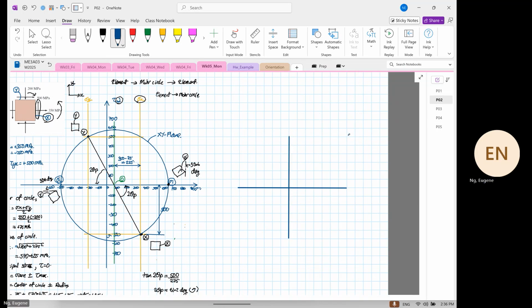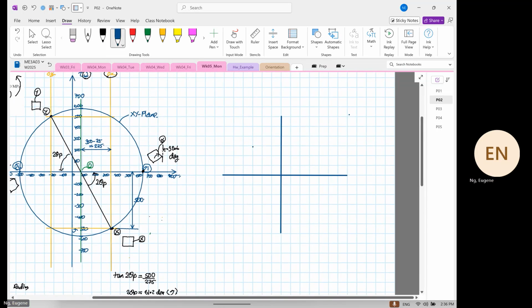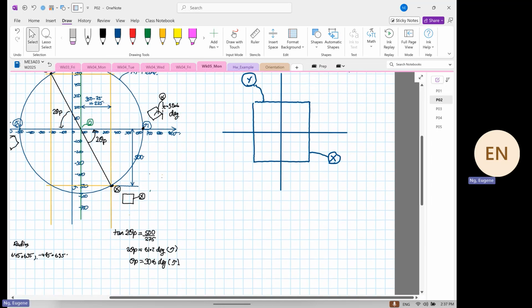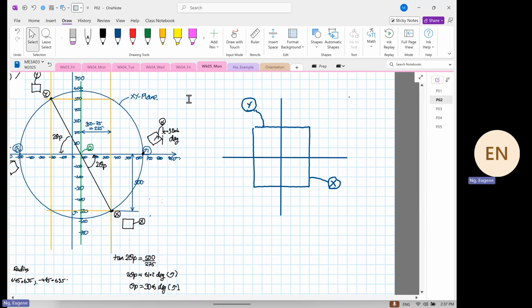So over here now, this is our original element, and we label this as X, and we label this as Y. Okay. So now the principal plane is such that we have to rotate how many degrees? 30.6 degrees anti-clockwise.